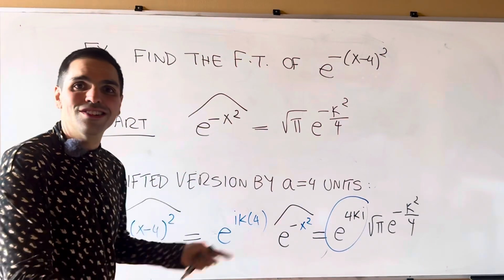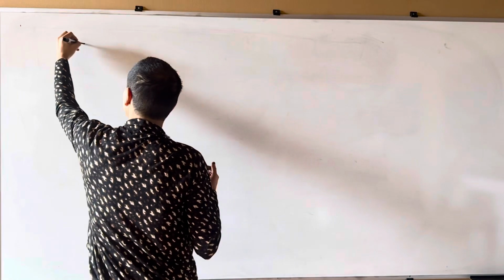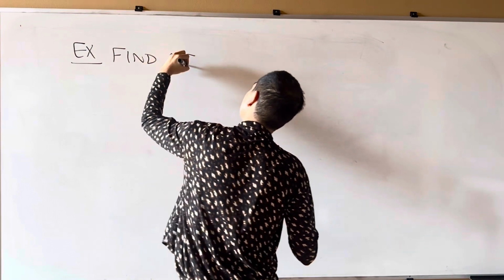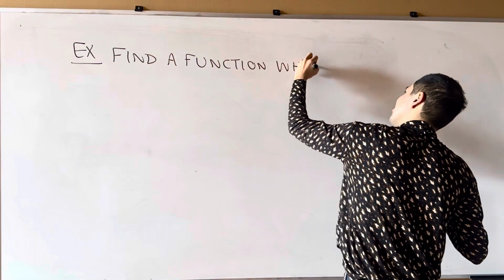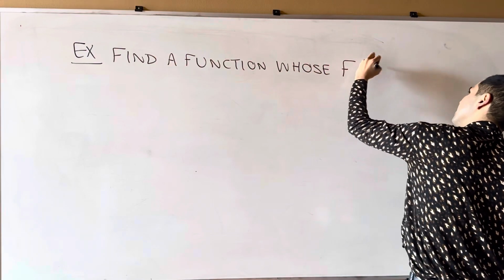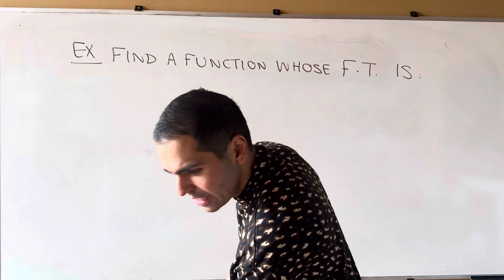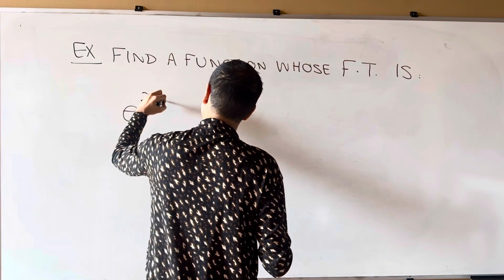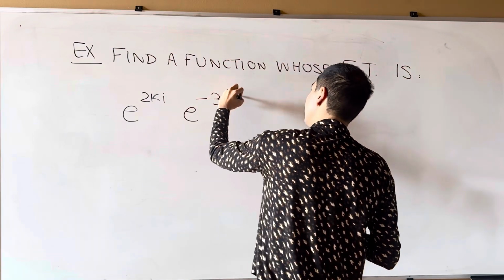All right, and of course we can also do that in reverse. So in this case, find a function whose Fourier transform is the following: e to the 2 kappa i times e to the minus 3 kappa squared.